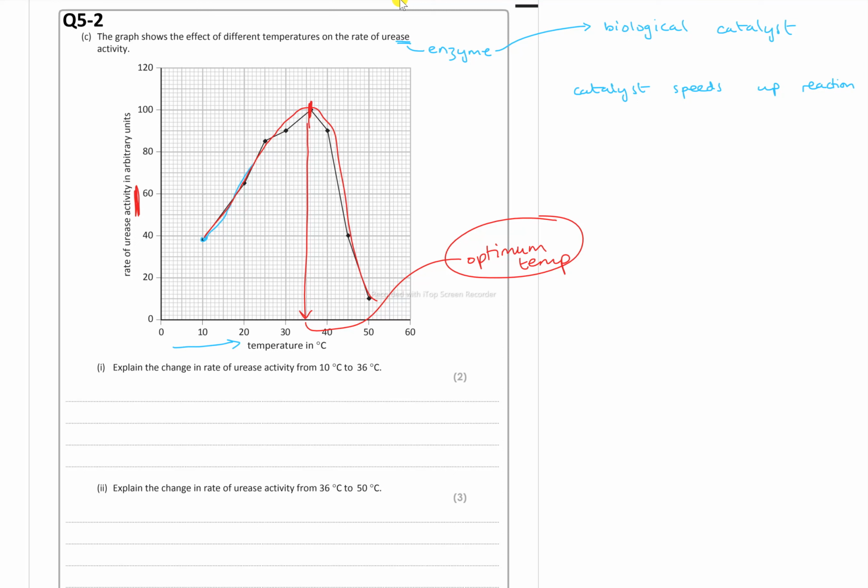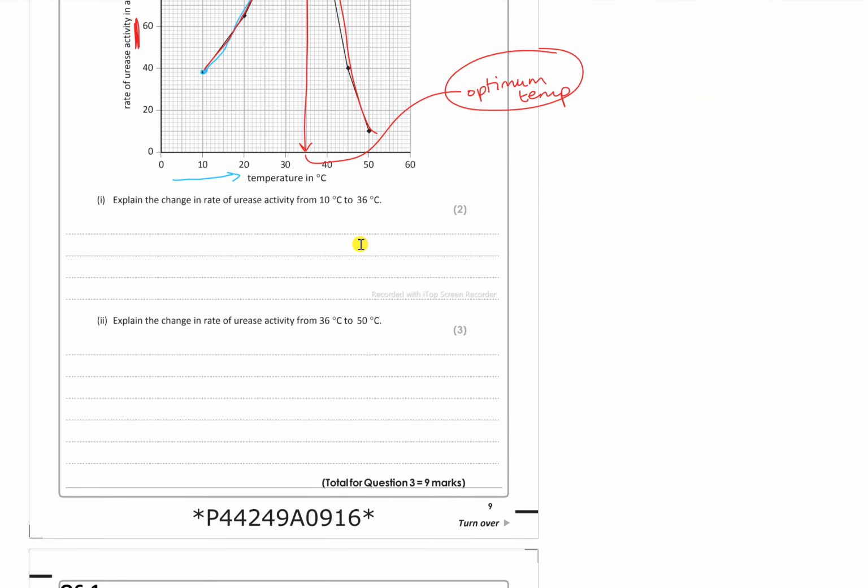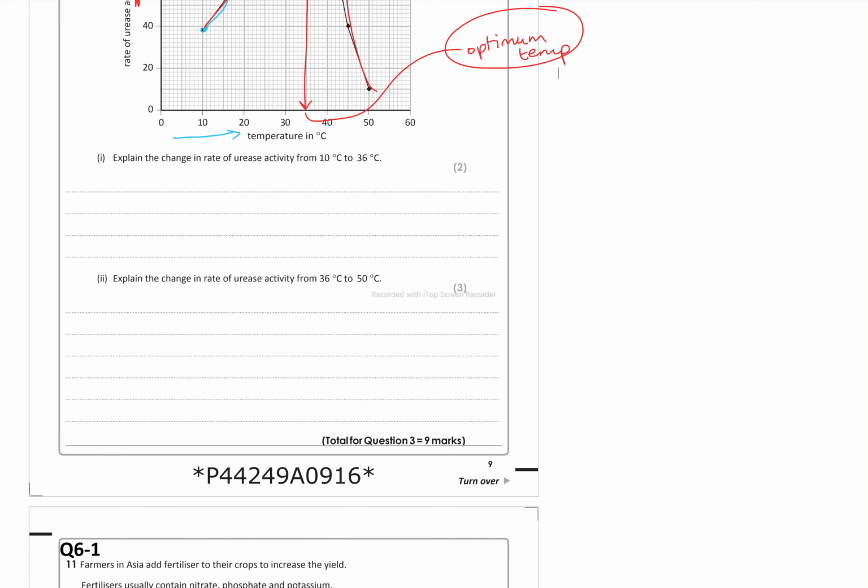Explain the rate of change of urease from 10. What they want you to do is, when you have a lower temperature, at lower temperatures, the molecules or particles have less kinetic energy.